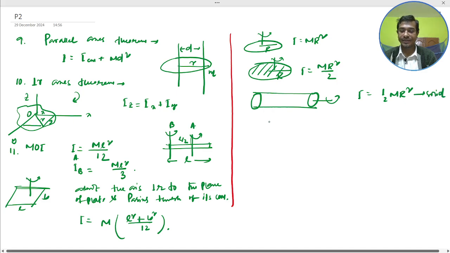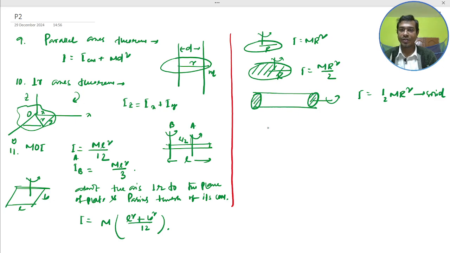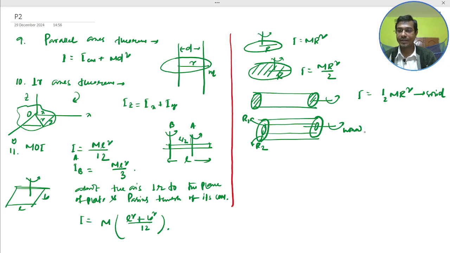And the hollow cylinder, meaning each portion is a cavity, this type of. So for the hollow cylinder, the inner radius is r1 and the outer radius is r2. So this is for the hollow case.